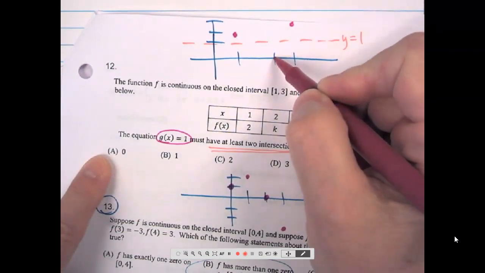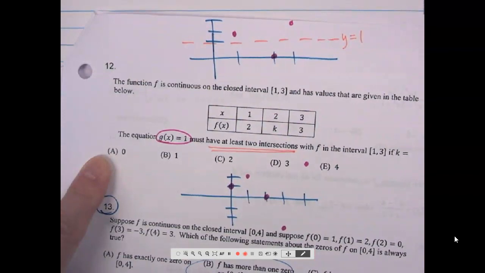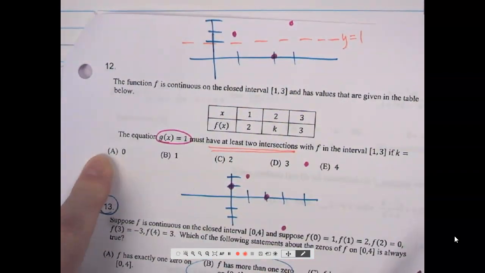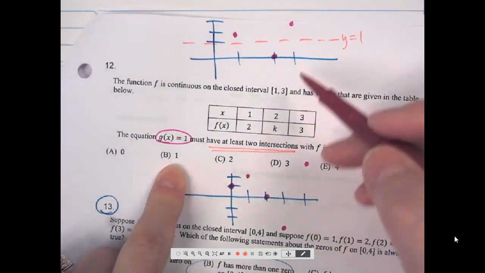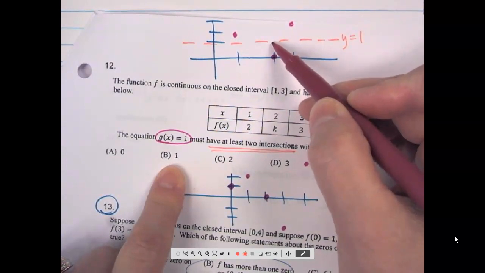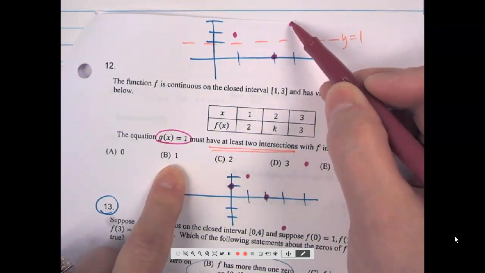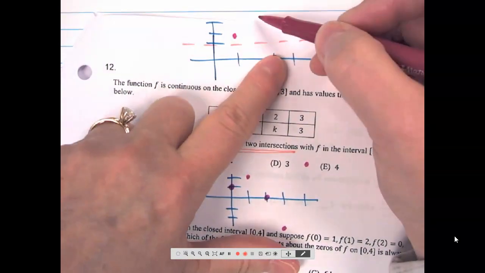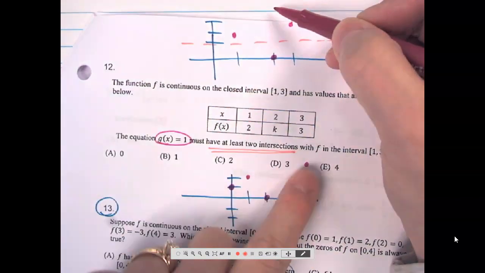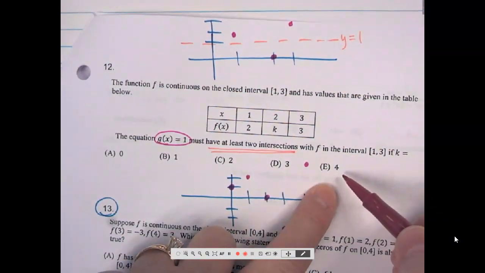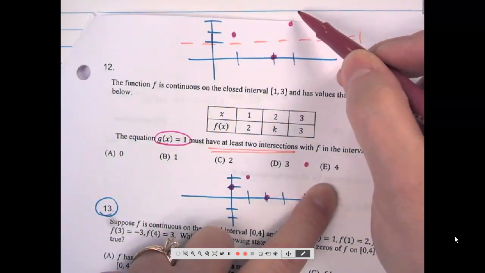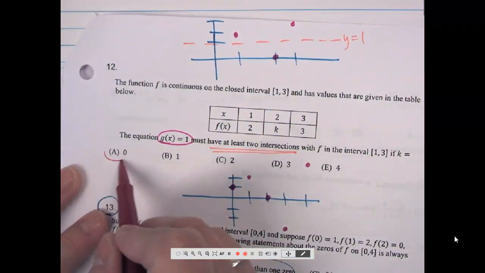Well, that would be down here. If that point is on my graph, do I have at least 2 intersections with the line y equals 1? Yes. What about if it's 2, 1? Well, then it's on the line, and that only guarantees 1 intersection. If it's 2, 2, then it doesn't even have to cross that line. It could all be above it. Same with 2, 3, same with 2, 4. So the only one that will guarantee that this graph dips below the line and then crosses it twice is this one right here.